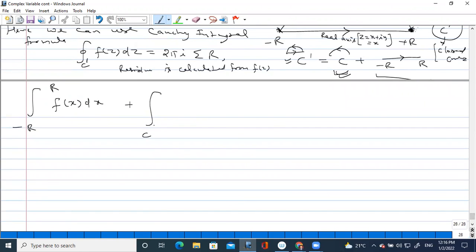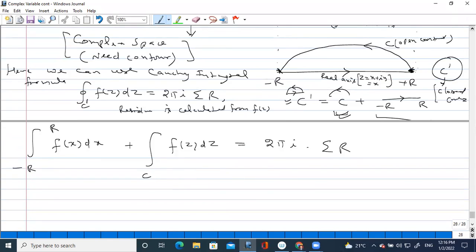Okay, so this is my C. It is not closed, so don't place the circle here. This left-hand side I have broken like this, and that will be equal to 2 pi i into the summation of residues. Understood? Very easy.